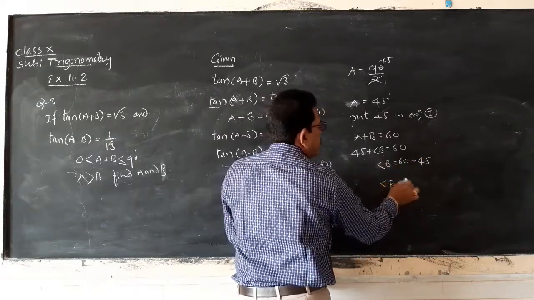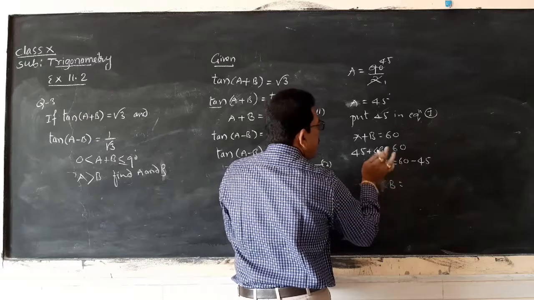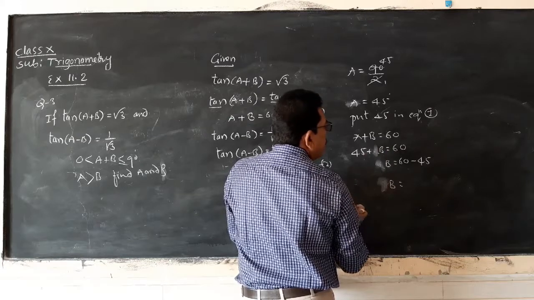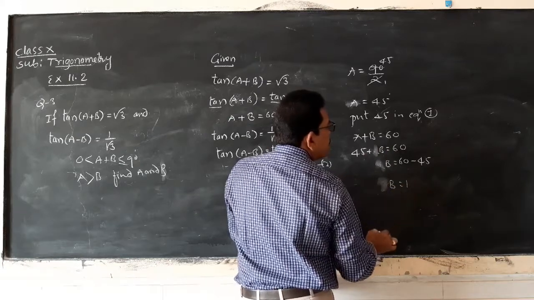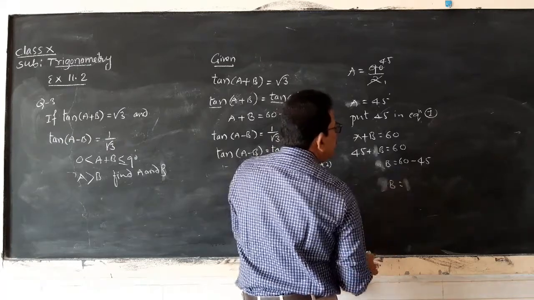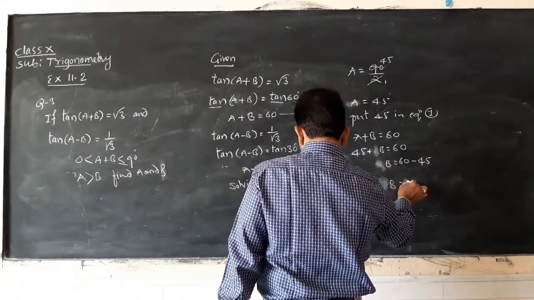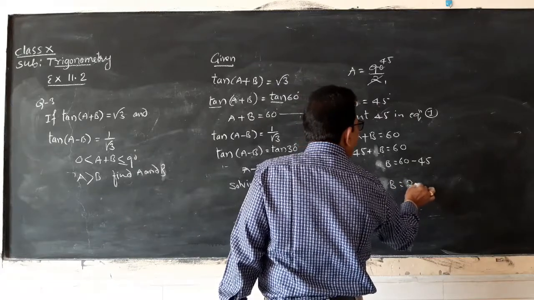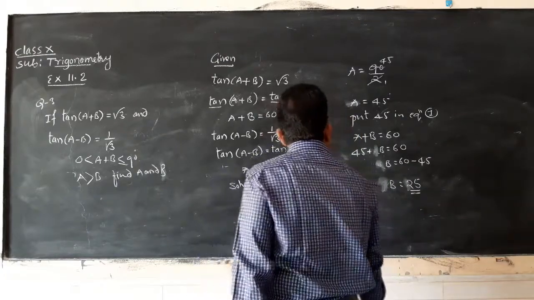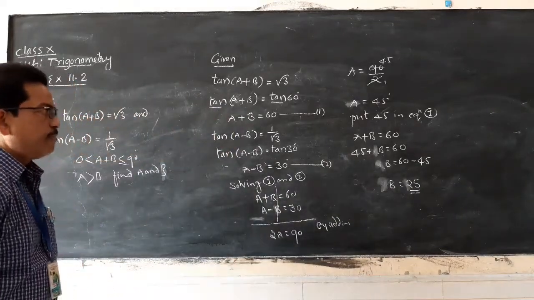Therefore, angle b equals, 60 minus 45, that is 15. So angle A is 45 and angle B is 15.